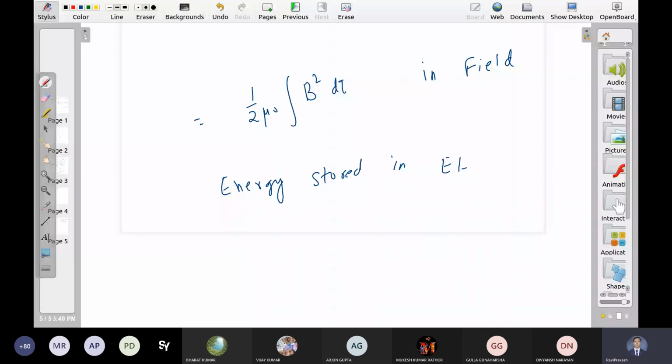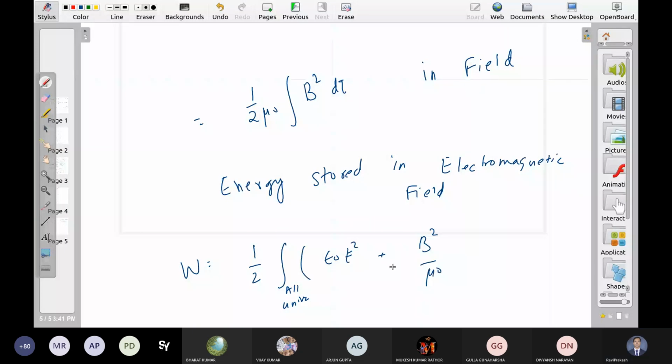You may not know, but someone has invested this much amount of energy to create this field. वो किसी कॉस्ट पर आया फील्ड, खुद से नहीं बन गया है. Half integral over all universe of epsilon naught E squared plus B squared by mu naught d tau. So this much is the energy in the fields in this universe.